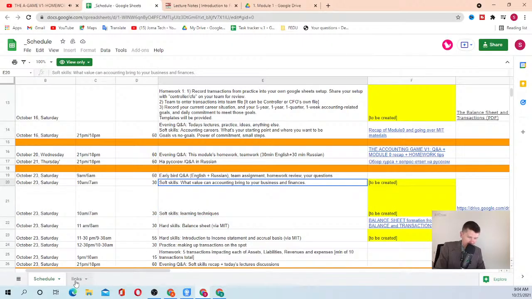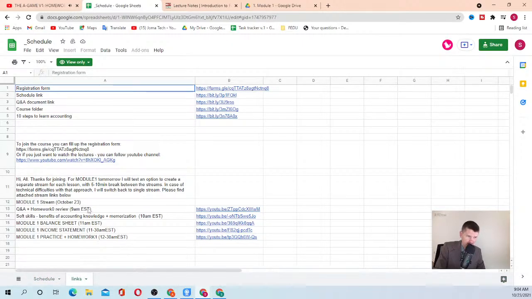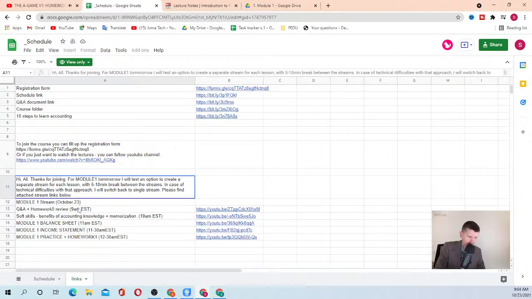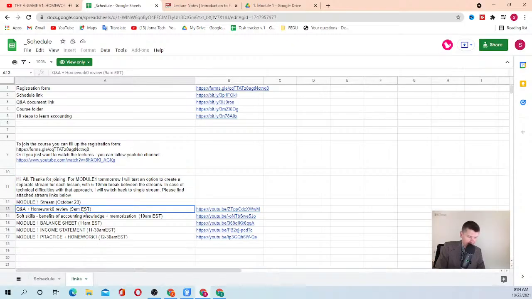Here on the second tab in the schedule, I prepared a summary of different links. For example, it has links for today for module 1 with links to streams. I also send these links in Messenger and Telegram and by email, so you can join. Hopefully this will not complicate things.